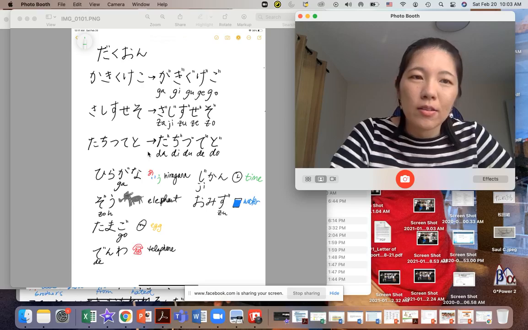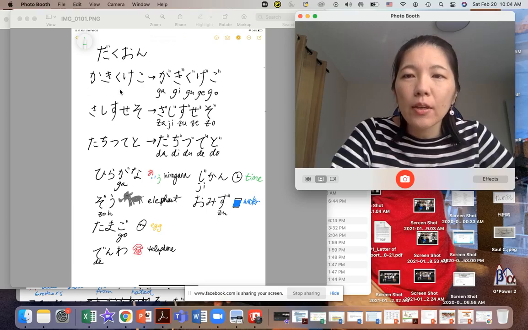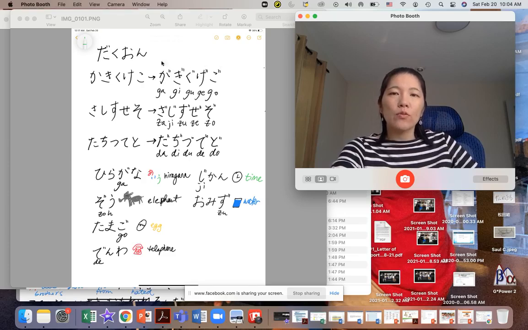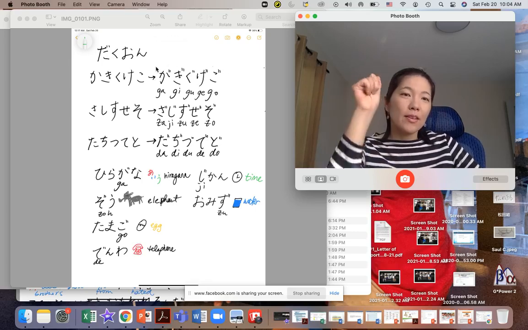So that's why I listed them. Kakikukeko becomes gagigugego, right? So if we write a word with these sounds, then you want to put tenten.